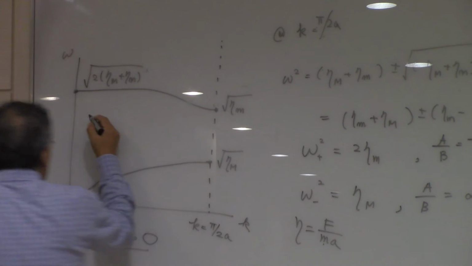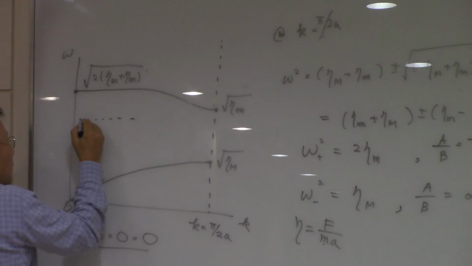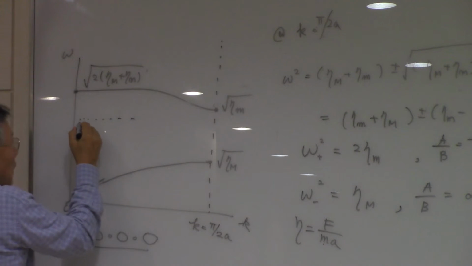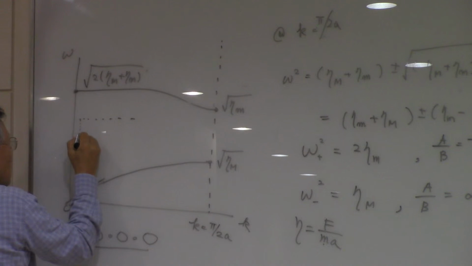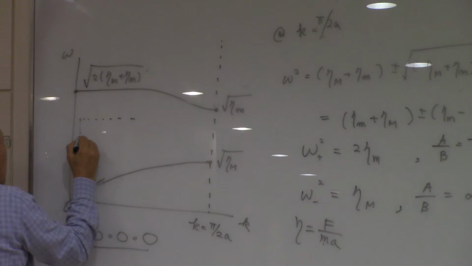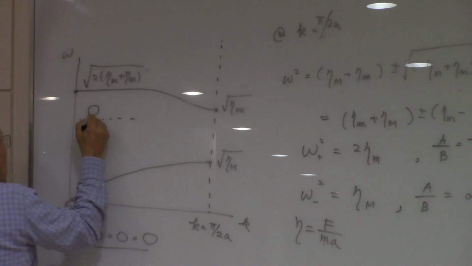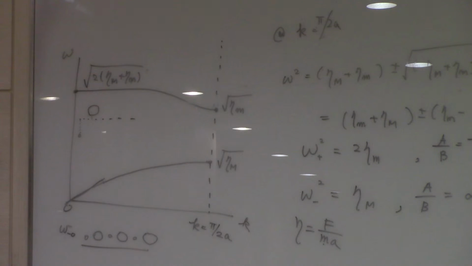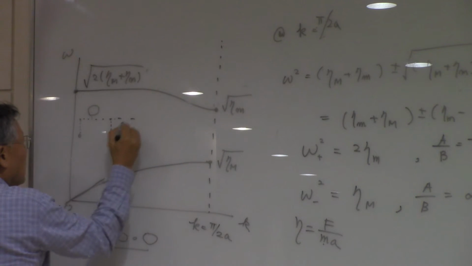So in this case, the small atom moves a long distance, and the large atom moves a small distance. The center of mass is not going to be changed. Okay? Something like this.